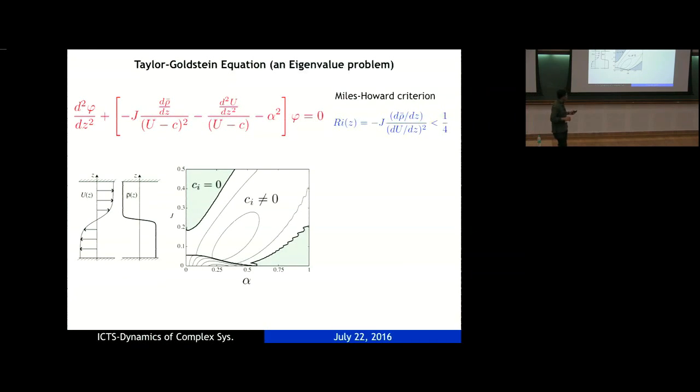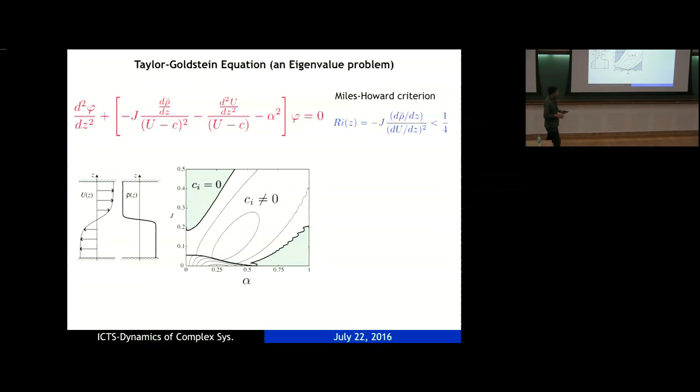Okay. Now, if you solve this equation, why you are solving this equation is important. So in nature, assume that this is an ocean, and you have this velocity field and you have this density field. You substitute this velocity u here, and this mean density here. And you solve it.